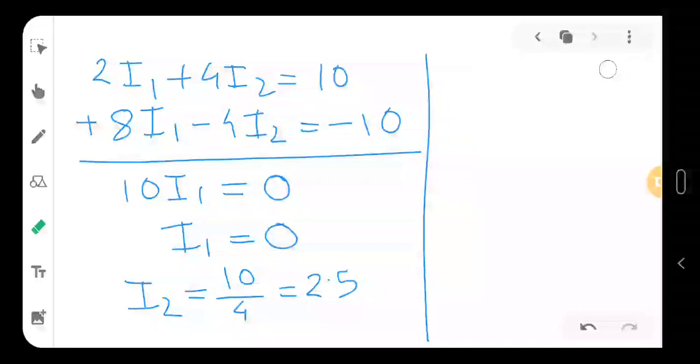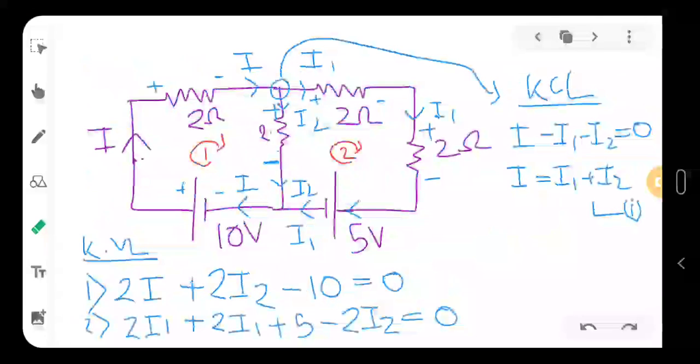So in this case, what happened? In this case, you can see here that this point and this point, the potential must be same, and as a result the I1 which was flowing through this one will be 0.